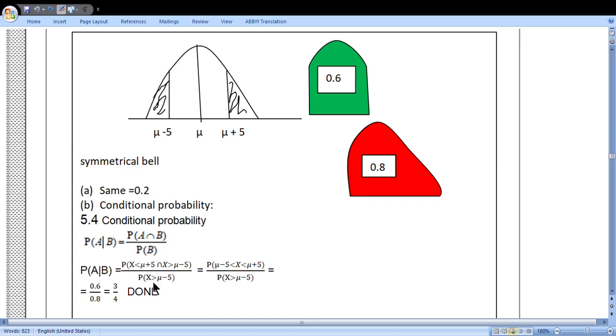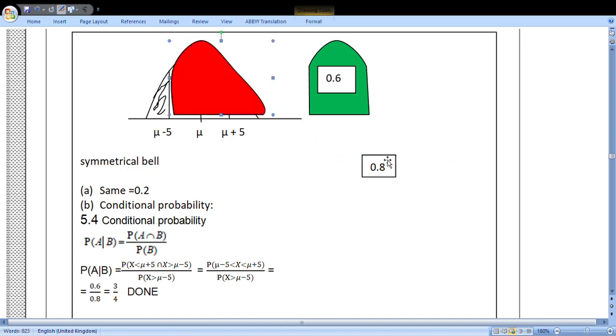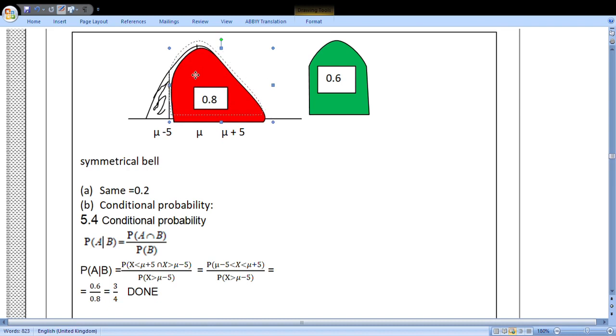The condition is x more than mu minus 5. So it is this section, and this section is 0.8 because the total is 1. Right, so 0.8.